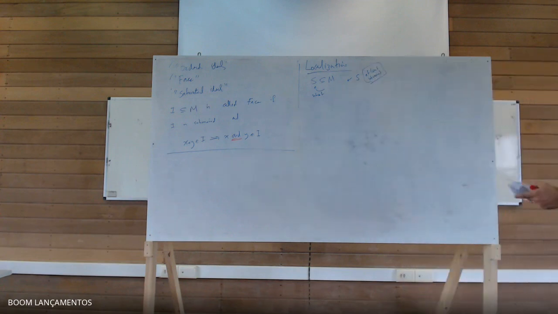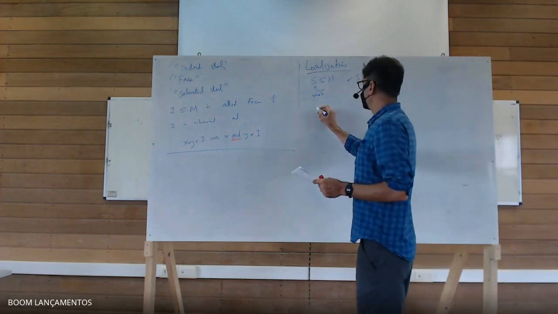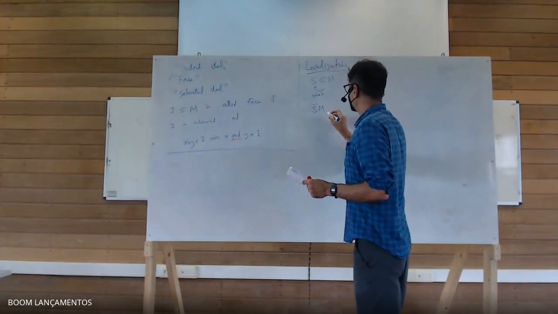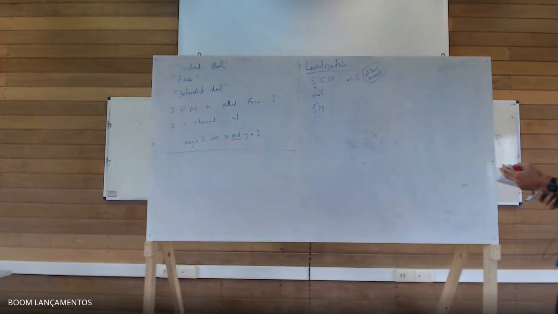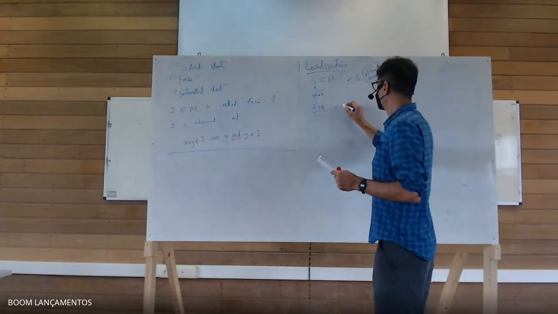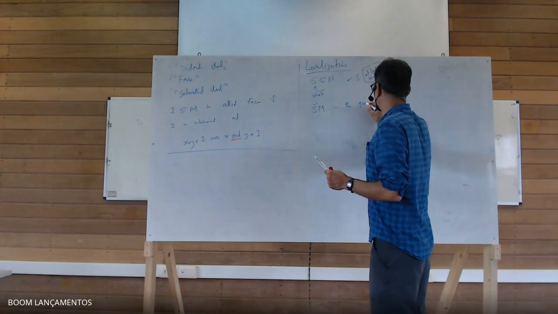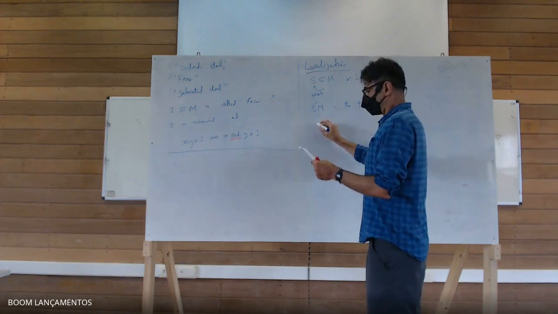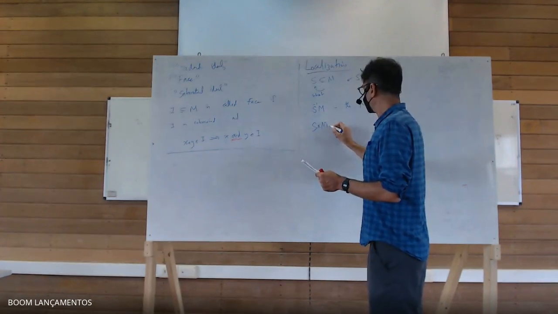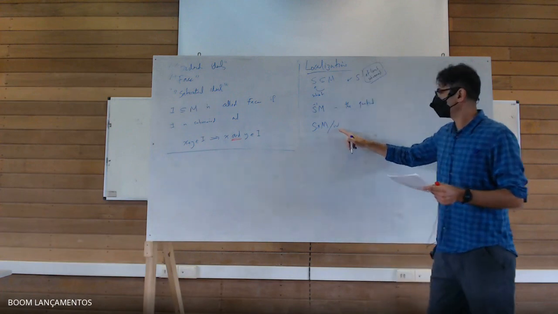Then the localization, and this might remind you of ring theory, is the quotient of S times M with an equivalence relation.